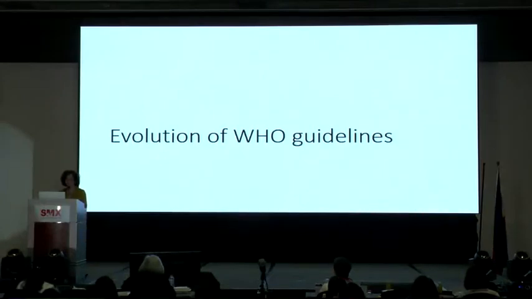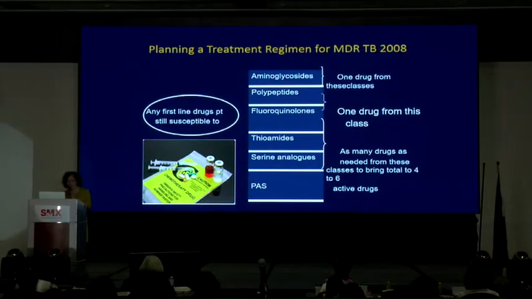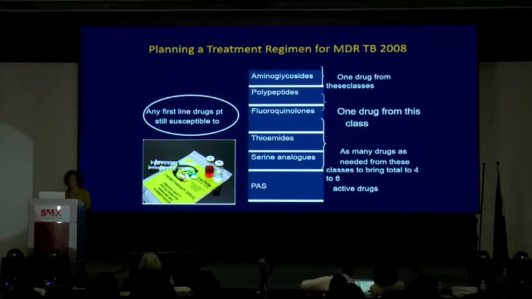Before 2008, this was the guideline for treatment of MDR-TB. We had to use the old drugs before the HRZE, and you had to choose from each class to complete at least 4 to 6 effective drugs, meaning the patient has not been exposed to that drug and the isolate has to be sensitive to that drug.